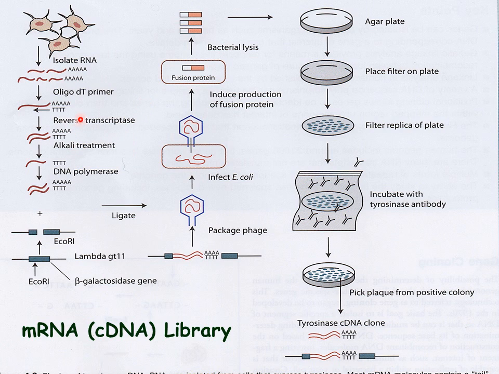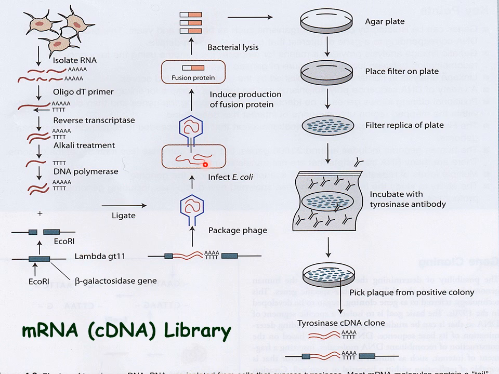And then you need to convert that RNA to DNA so you can put it in a vector. And very nicely for us, retroviruses produce an enzyme known as reverse transcriptase. And it can take RNA and convert it into DNA. At this point, you can put it into a particular vector, and the vector in this case is a bacteriophage known as lambda.